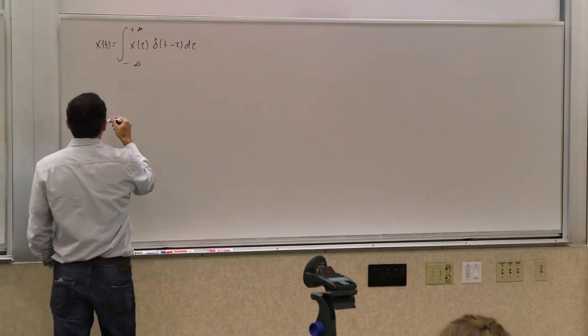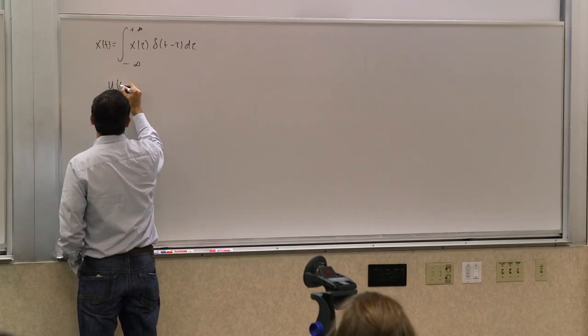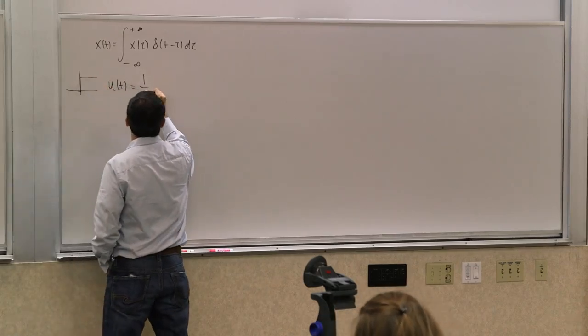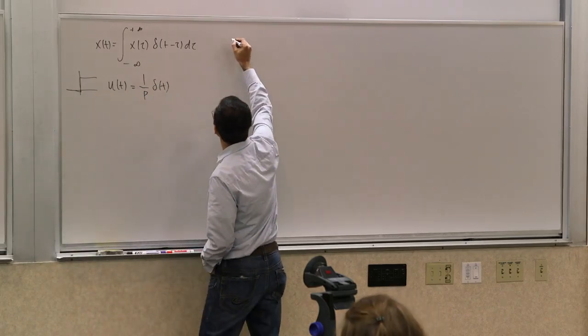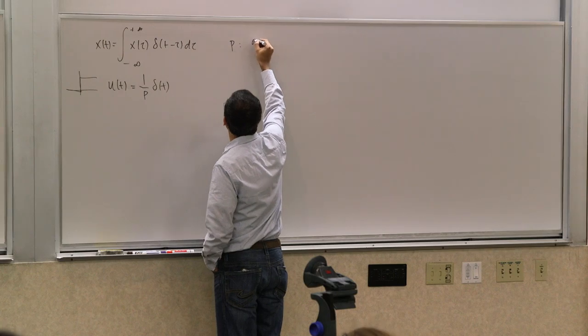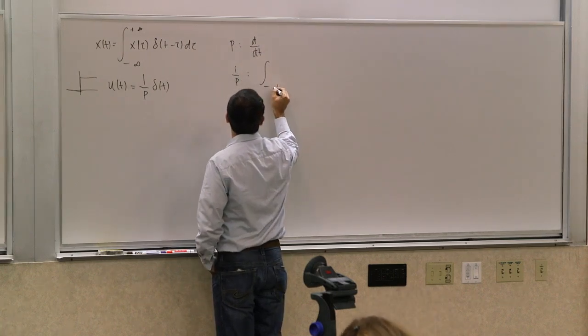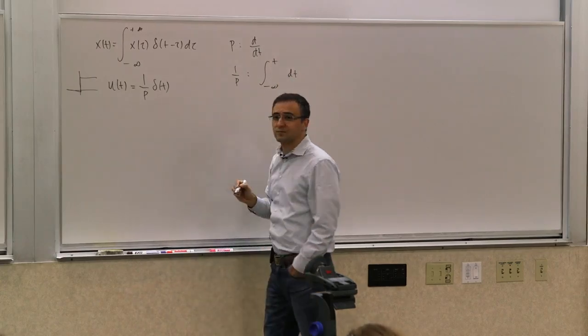Before we did that, we saw some basic properties of the delta. For example, u of t, the unit step function, was simply the integral of the delta of t. And we had this notation of p. The operator p was defined as the derivative with respect to time, and 1 over p was defined as the integration from negative infinity to t of a function dt.